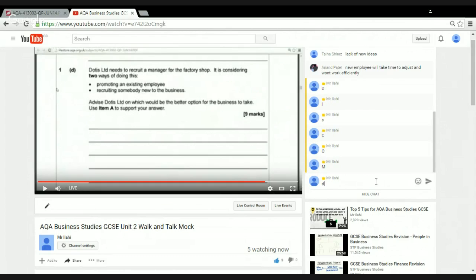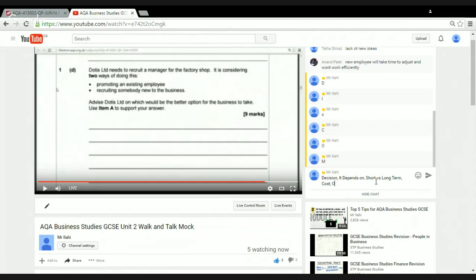That's pretty much the decision. It depends on short term versus long term, cost, other factors, and the most important factor.